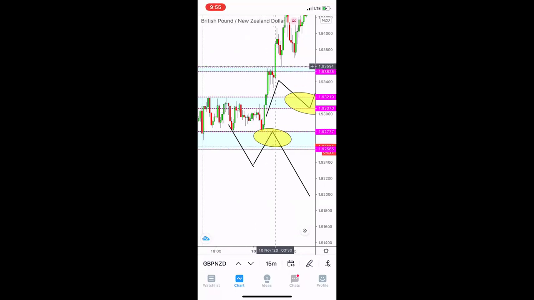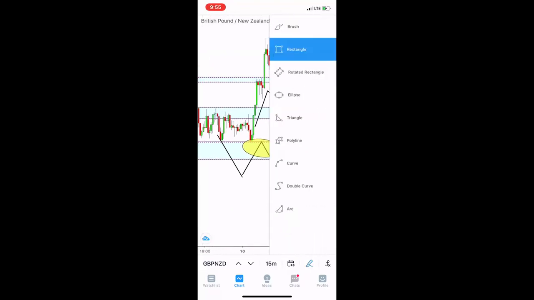And then that was actually broken on the 15 minute and price came back down to retest into that zone that it just created. So from there, if you didn't catch the first entry, this was your secondary entry.